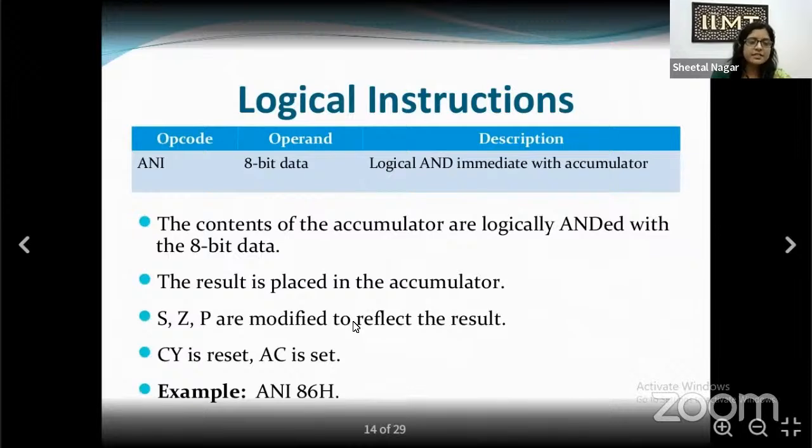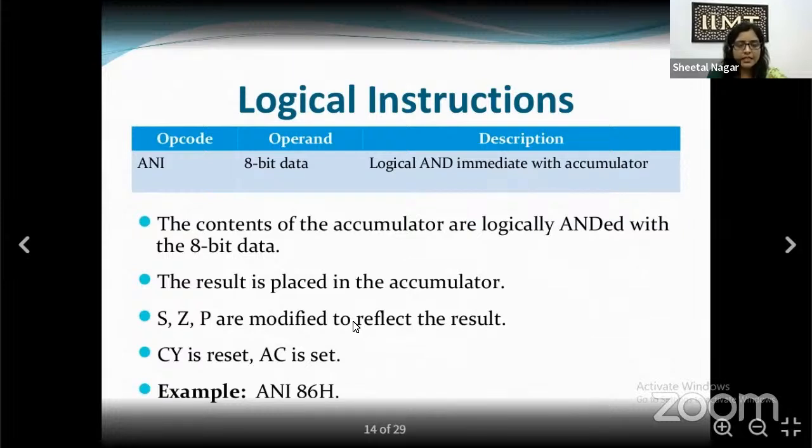Now, the next instruction is ANI 8-bit. In this operation, the 8-bit data is immediately ANDed with the contents of the accumulator. With the help of the ANI instruction, we can immediately perform the AND operation with this 8-bit data, and the result will be stored in the accumulator only.